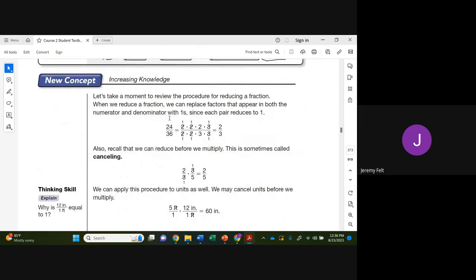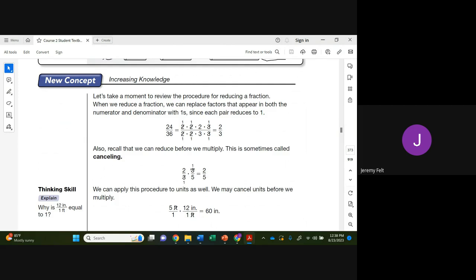So again, we've worked with canceling fractions, prime factorization, greatest common factor, reducing fractions, all of those things. When we're canceling something out, any number over itself, whether it's directly over or it's eventually going to be in the numerator and in the denominator, we know that we can cancel it out. We get rid of it and it becomes 1. We usually don't write it in because 2 times 1 is 2, 1 times 5 is 5.